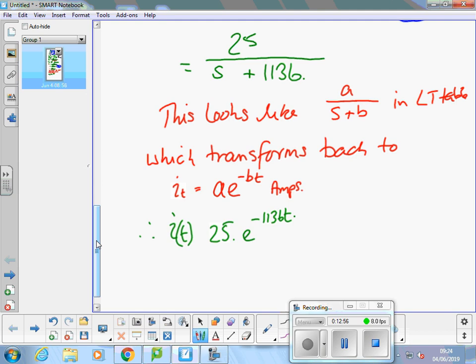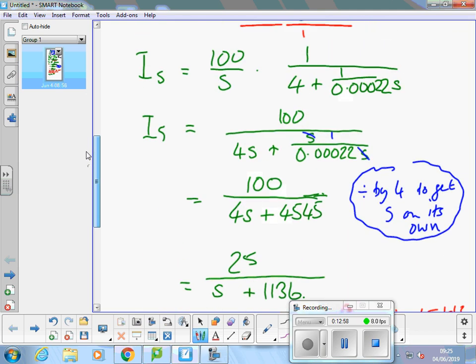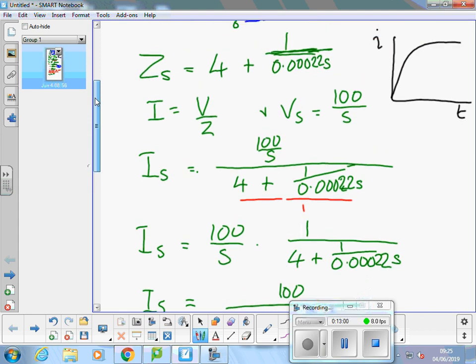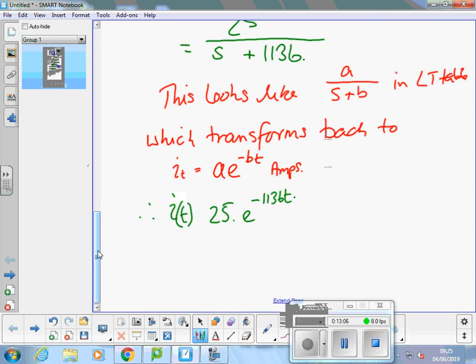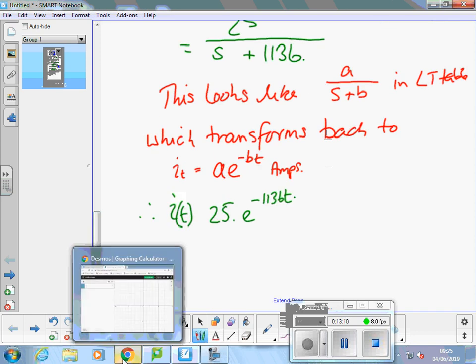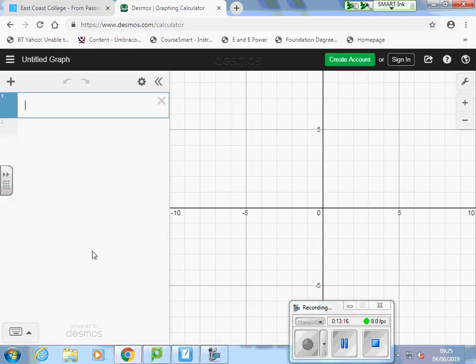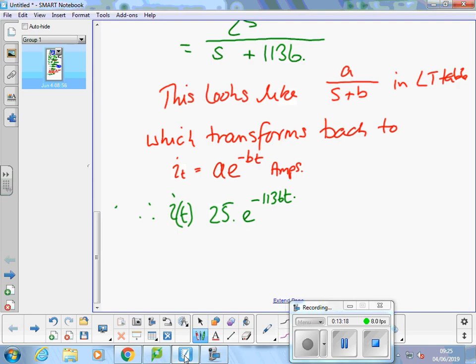So is the shape of our guessed graph correct, do you think? Quite a guess now. Do you want to carry on writing that down?